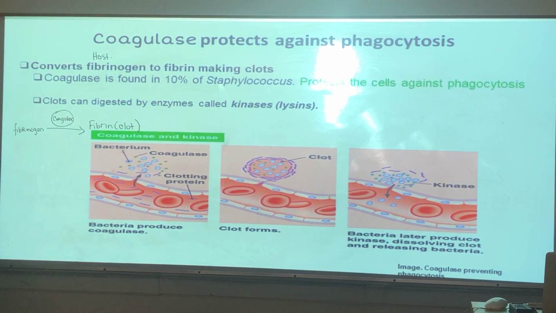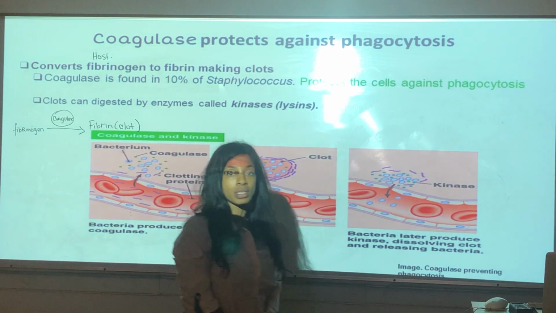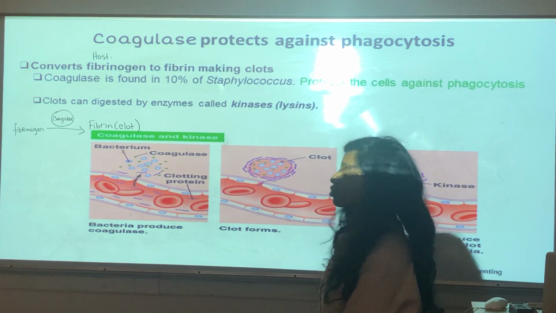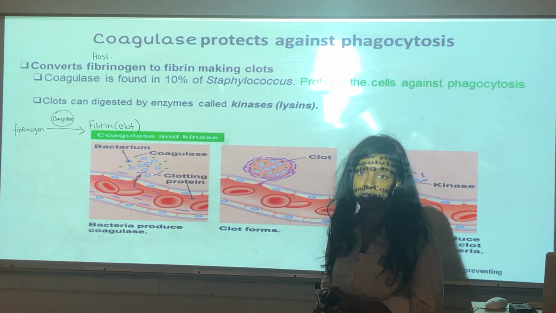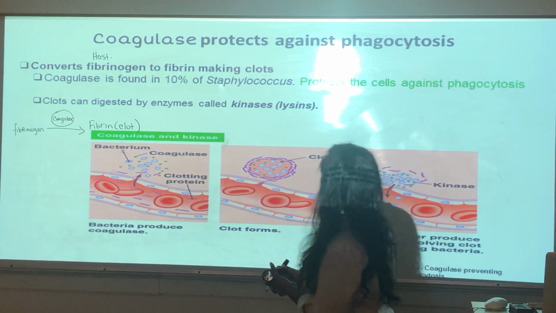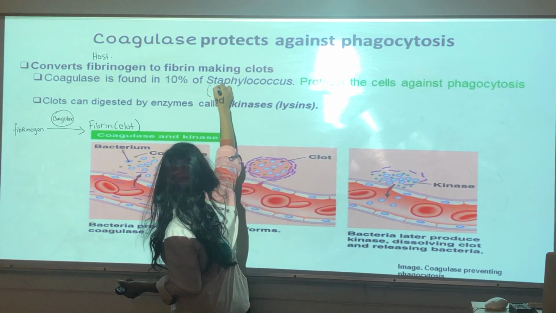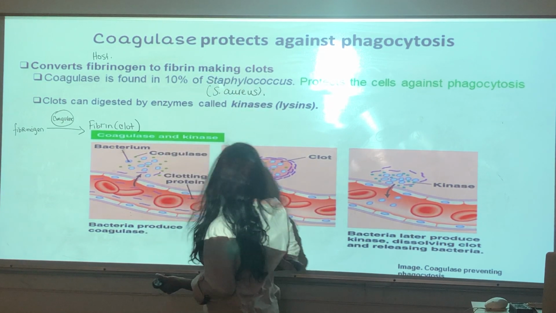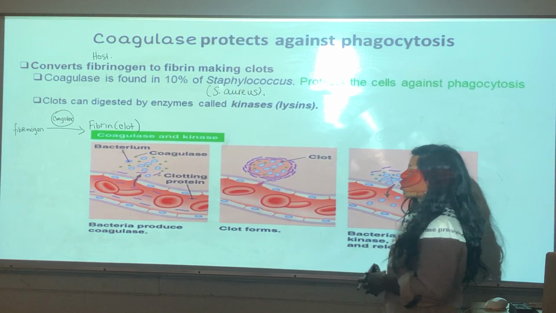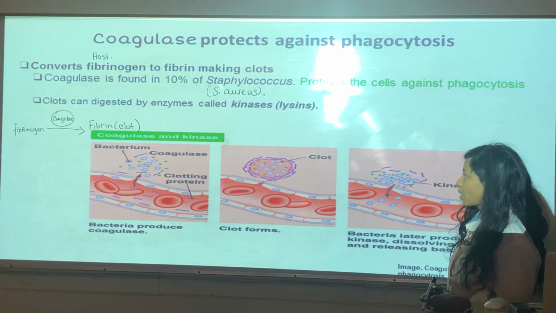So coagulase is found in 10% of Staphylococcus. Is this 10% going to include Staphylococcus epidermidis or Staphylococcus aureus? Well, this will include Staphylococcus aureus, not epidermidis. So they are part of the 10%, and coagulase is used to protect them.